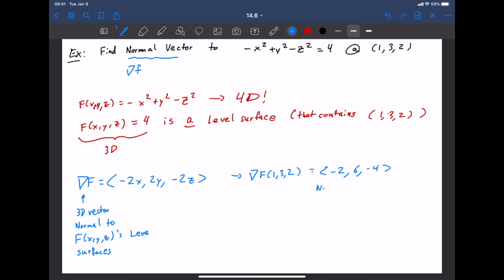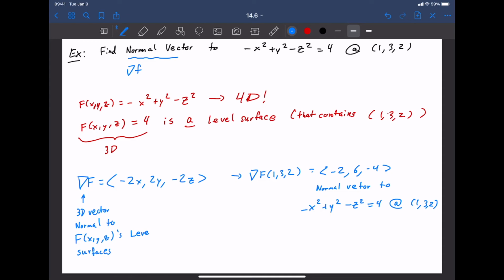That's the normal vector to negative x squared plus y squared minus z squared equals 4, at (1, 3, 2). That's all we've done so far. We've motivated it, and I hope it's been somewhat clear.